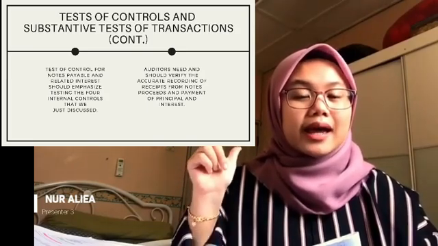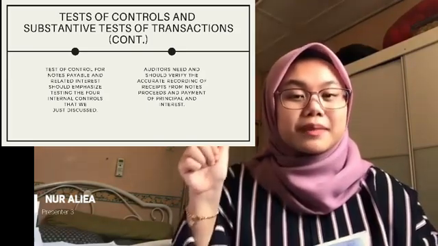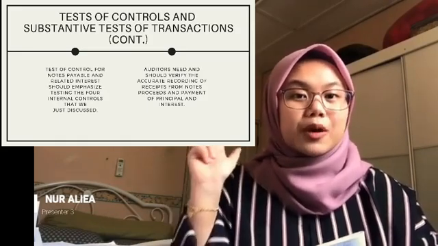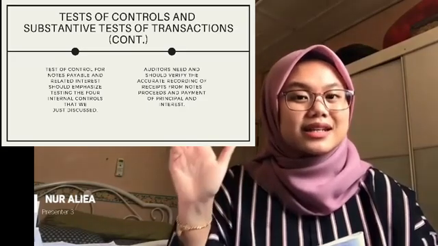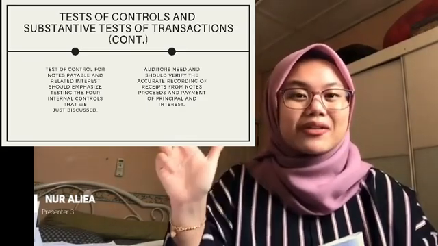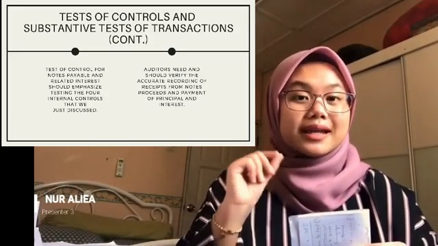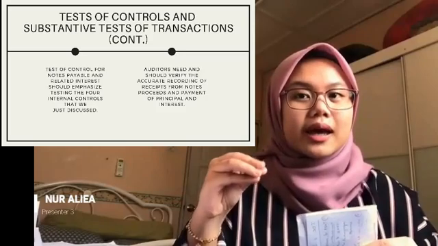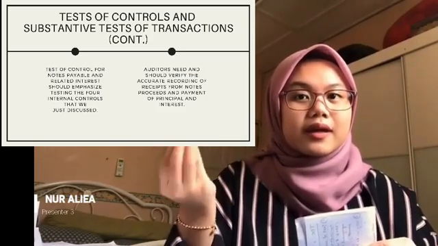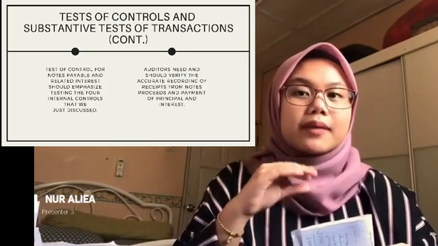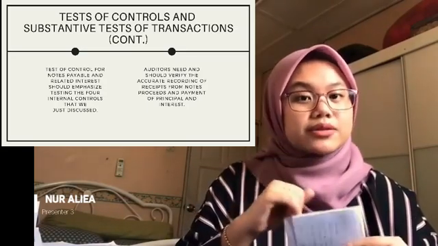The second is adequate control over payment of principal and interest. The third is proper document and records, and the fourth is periodic independent verification. Other than that, the auditor also should verify the accurate recording of receipt from notes proceeds and payment of principal and interest. So moving on to the next one, which is analytical procedure.